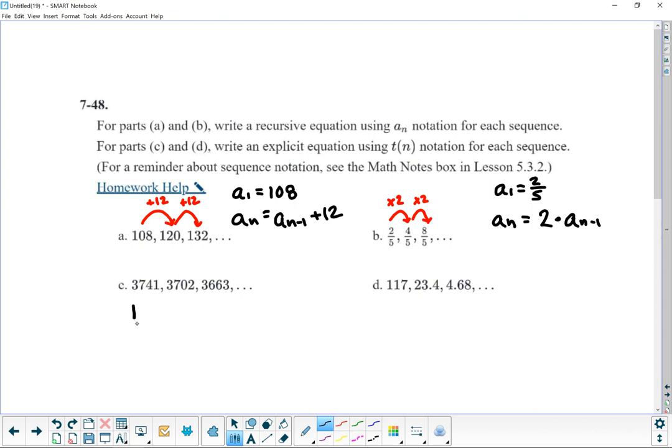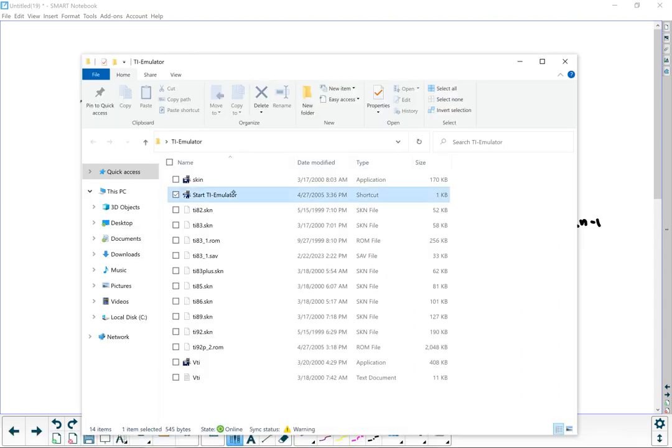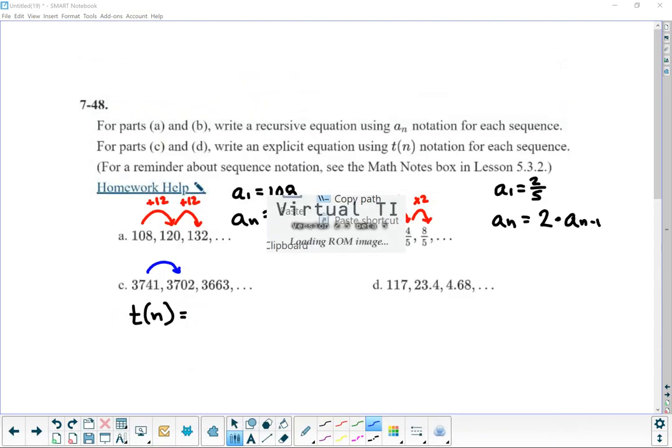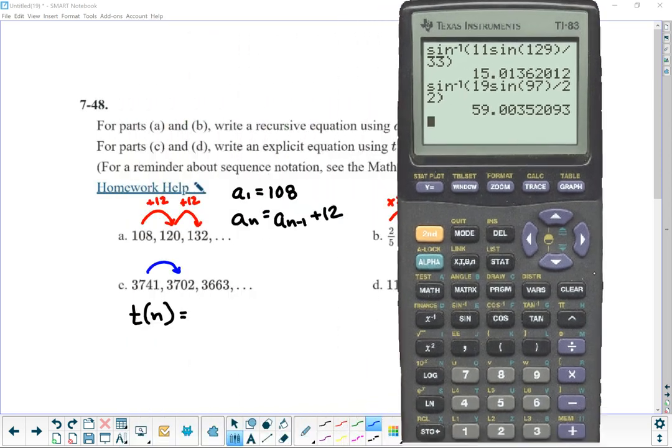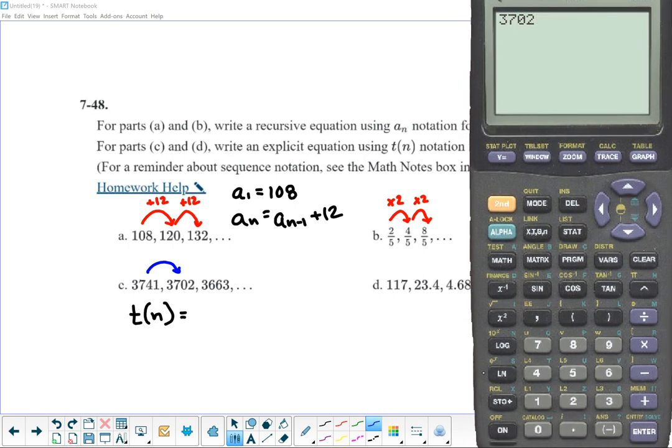So all of these start with TN, right? And you've got to figure out what's happening from one jump to the next. Okay, so let me pull up my calculator. To figure this out, I need to start at 3702 and I'm going to subtract the previous one, 3741.